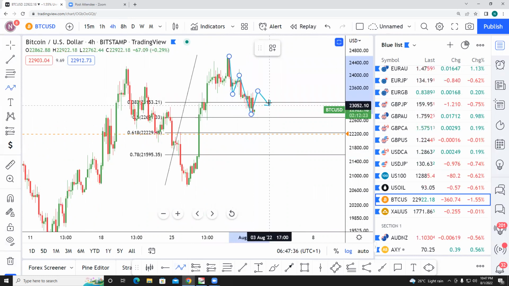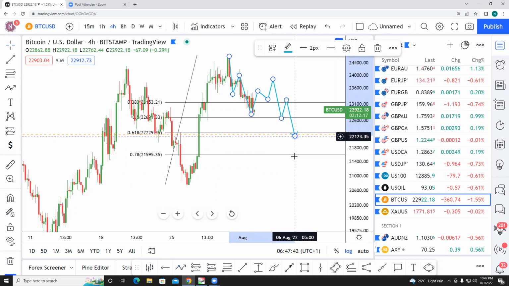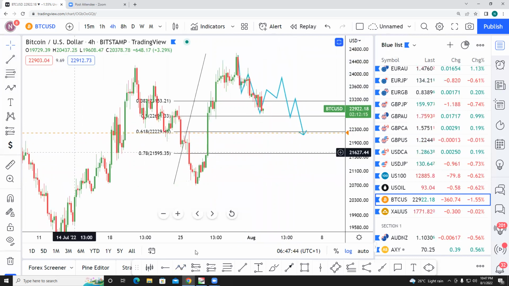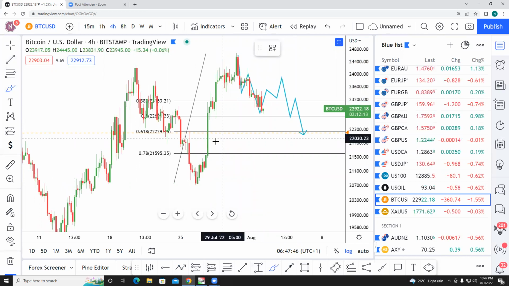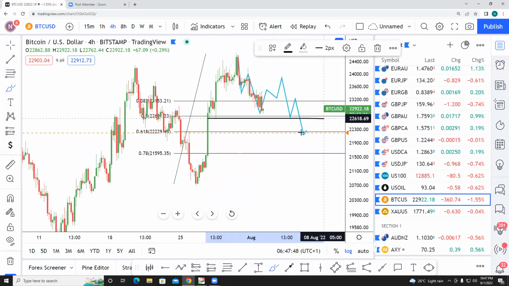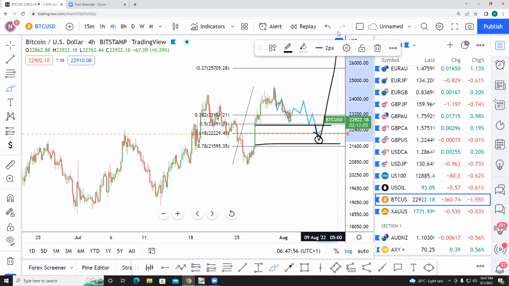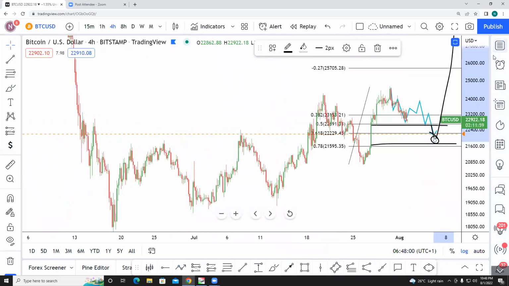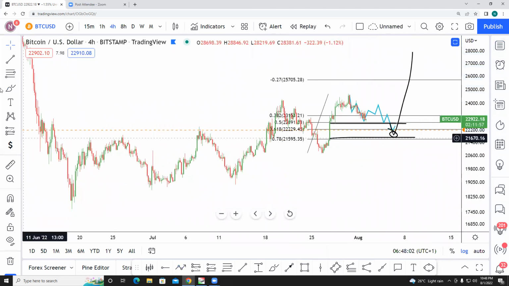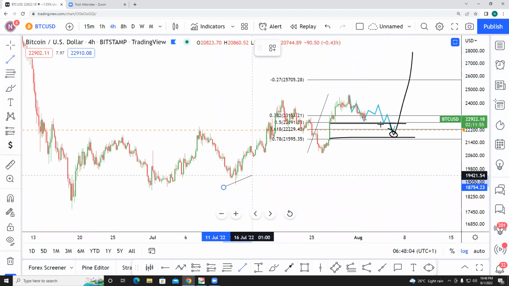I want to see a pullback here, and another three waves here to hit this low. This is my supply level, guys, because you can see this big candle in the middle. I want this market to come into this supply level, and there we look for a buy opportunity to the upside, because we have confirmed with the aid of the indicator that there's going to be an upside.